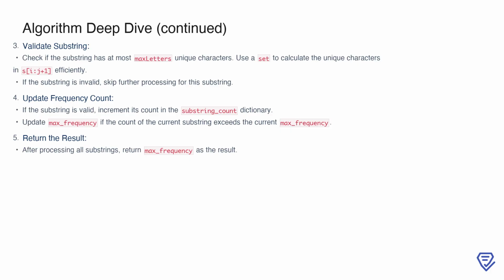However, if the substring is valid, we then update its frequency in the substring_count dictionary. Each valid substring's count is incremented, and we compare its frequency to the current max_frequency, updating the latter if the substring's frequency is higher. Finally, after processing all substrings, the result is simply the value of max_frequency, which represents the highest frequency of any valid substring.